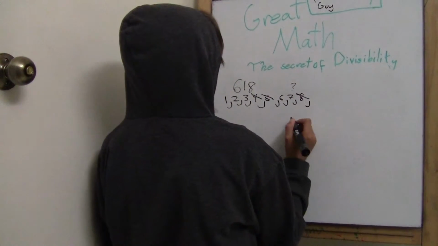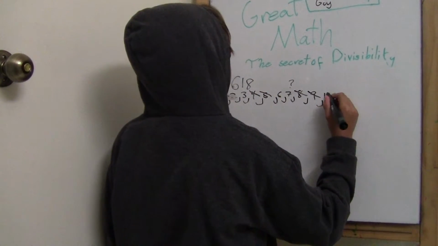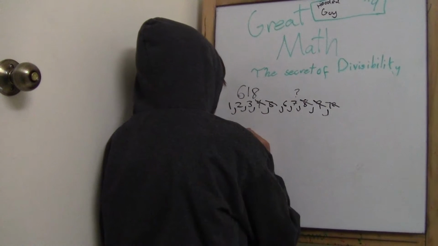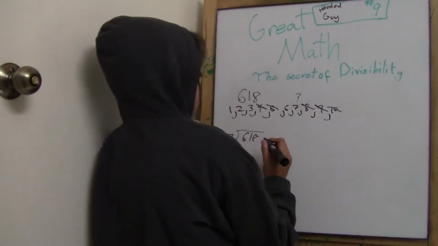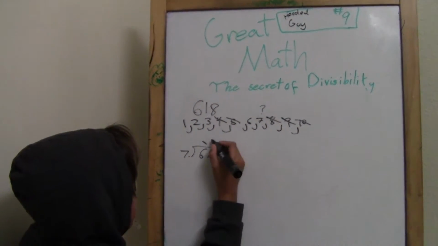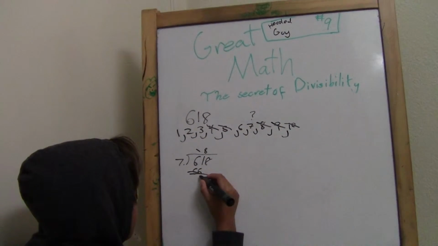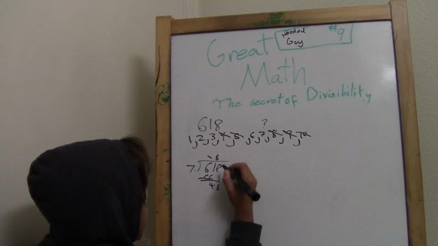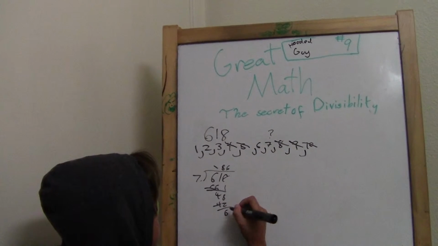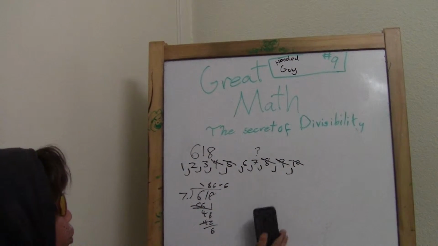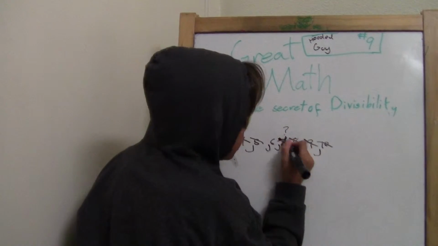By 9, the sum is 15, so no. By 10, it doesn't end with 0, so no. Now 7, we'll actually try that. 618 divided by 7 gives a remainder of 6. So no, it is not.